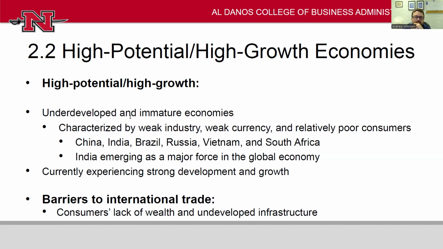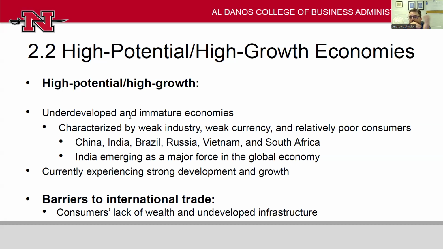Then you have China also listed here as a high growth, high potential economy. Sometimes you hear about the BRICS, BRIC: Brazil, Russia, India, China. Here they also list Vietnam and South Africa. These are countries that are very much up and coming and developing quickly. Still, maybe they have some drawbacks in terms of institutions.